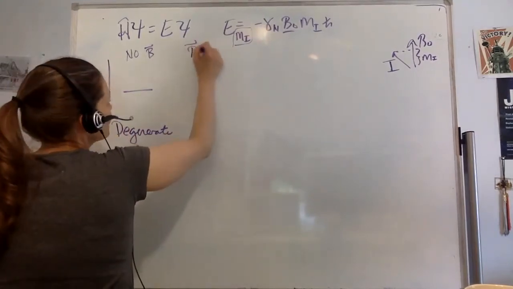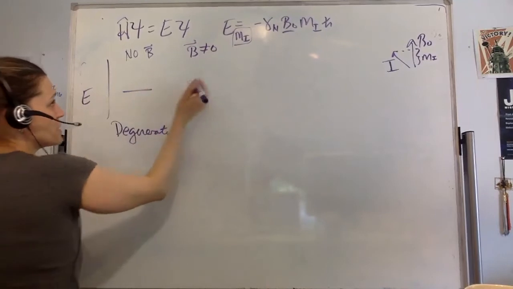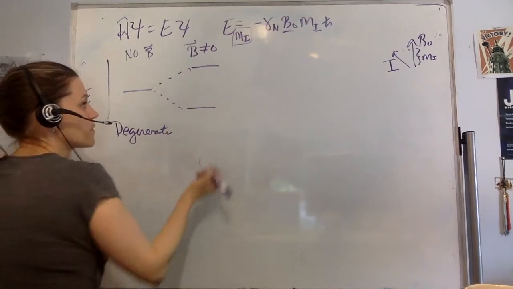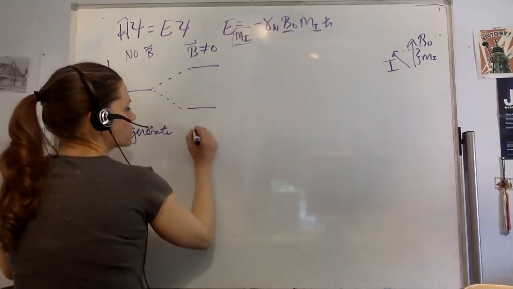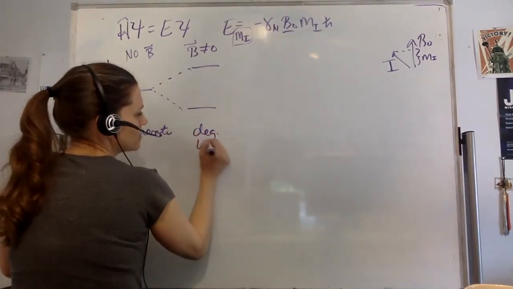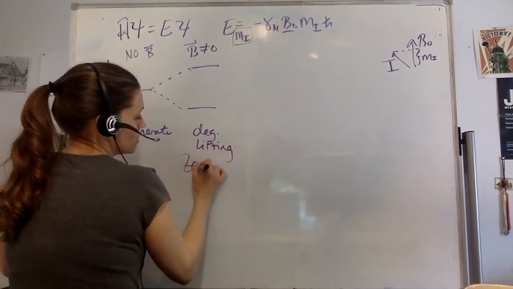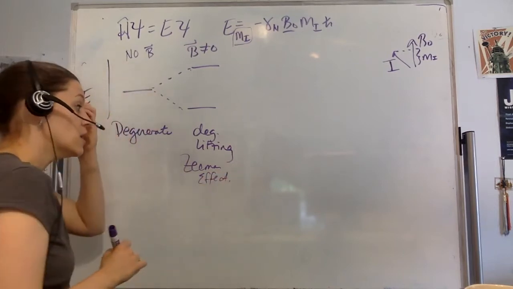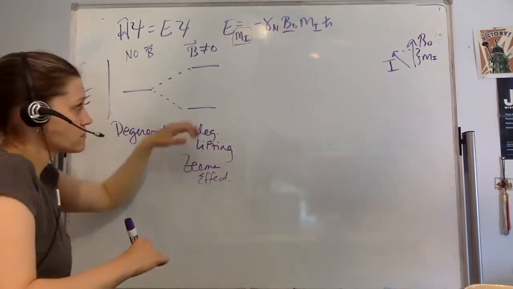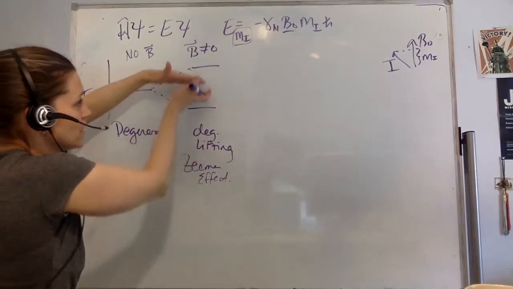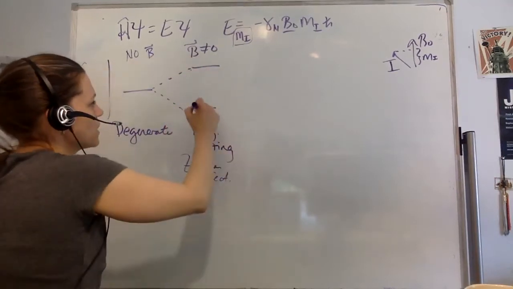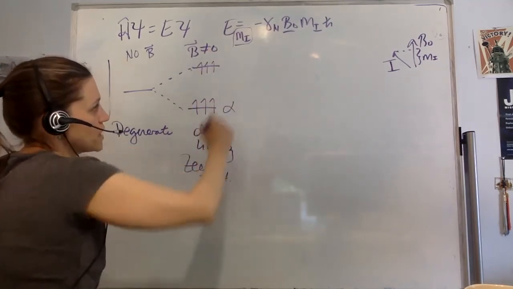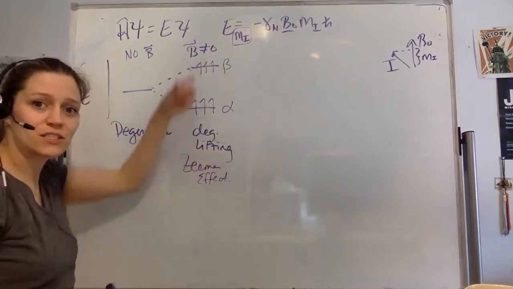When B doesn't equal 0, these energy states are going to split. You can think of this as degeneracy lifting, also known as the Zeeman effect. I guess technically it's a Stark effect. Or Zeeman splitting. So in the presence of a magnetic field, these states split, and you're left with a certain number of spins in the alpha state and a certain number of spins in the beta state. So that's the notation that we're going to use.